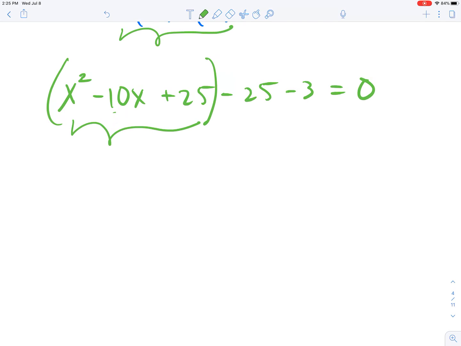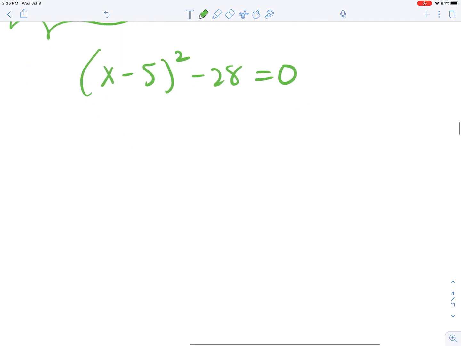You can think about just factoring it, but it'll actually always factor to be x plus half of this value. So this is going to be x minus 5 squared, and then negative 25 minus 3 will be minus 28.